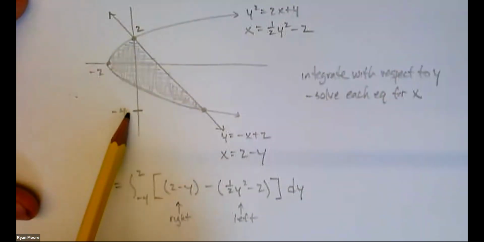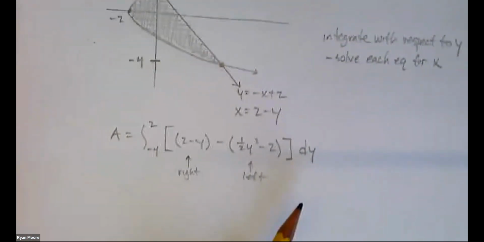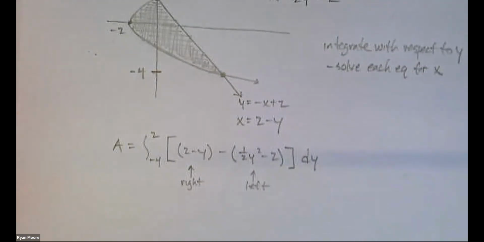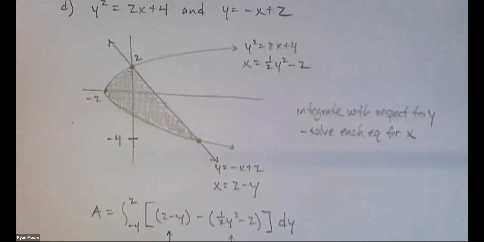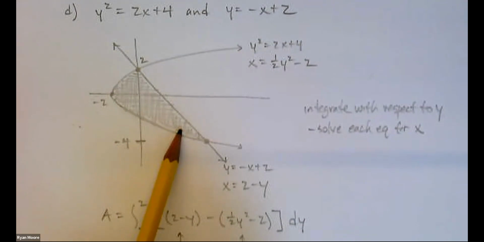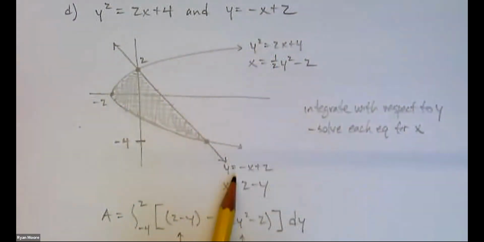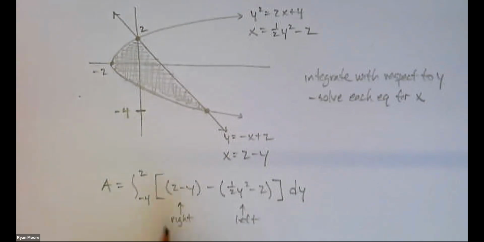And then as you set up your integrals, bottom to top, lower number to higher number. Again, it takes a lot of work. In the end, let's summarize. When we realize this situation, we say, okay, we have to reverse the axes. So solve both equations for x instead. Identify where they cross on the y-axis. Set up your integral, and then think right minus left.